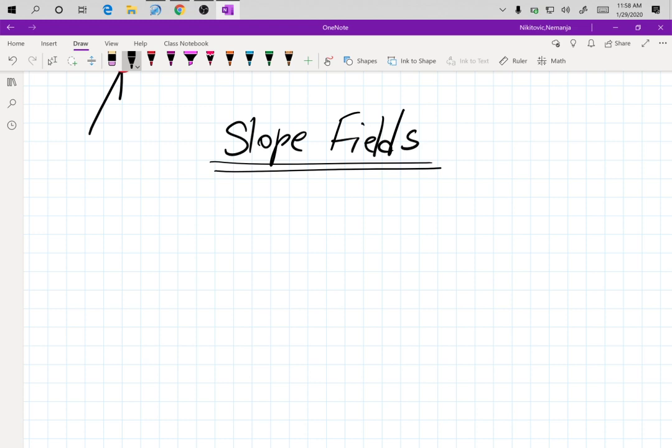Each one of these little tiny lines is a slope that you get to draw at the point you pick in the xy plane, and then we call it a field because that happens at each individual point. Yes, we are picking some of them, not all infinity of them, and that draws the field which guides which way the lines will go through.